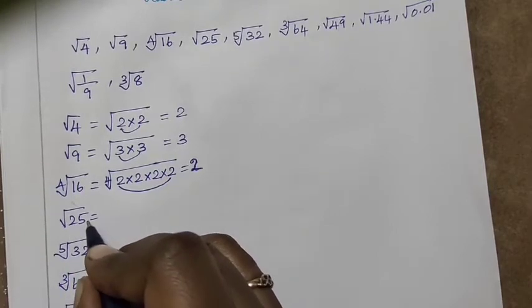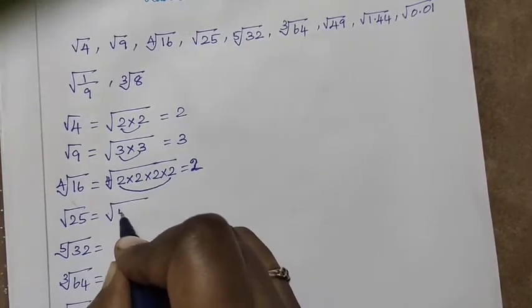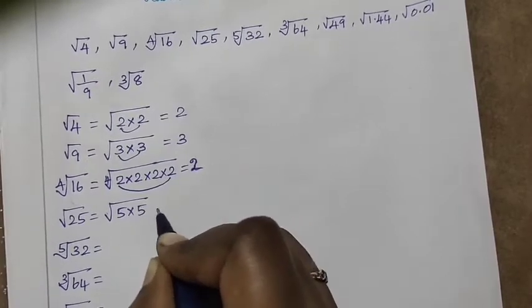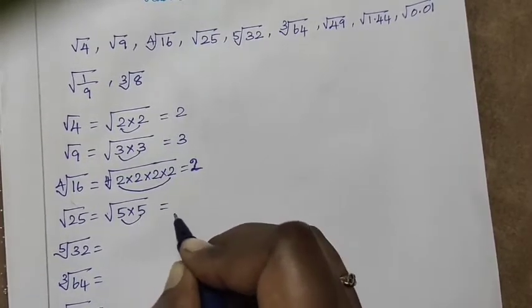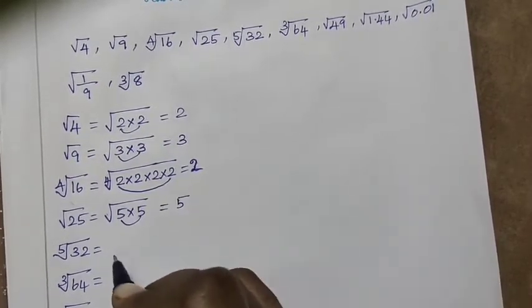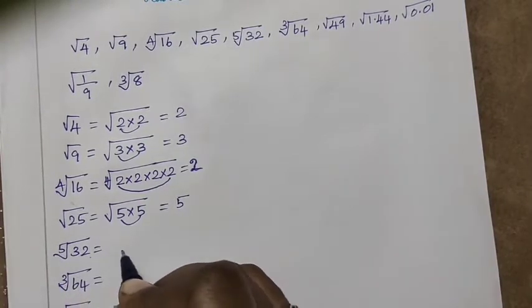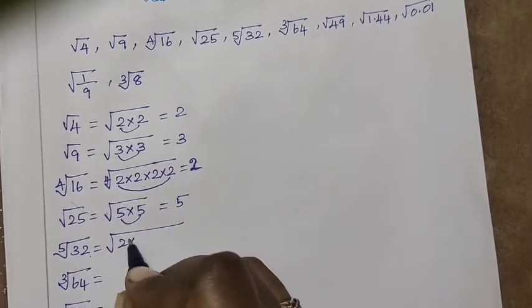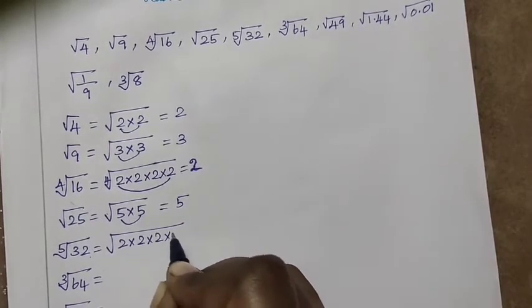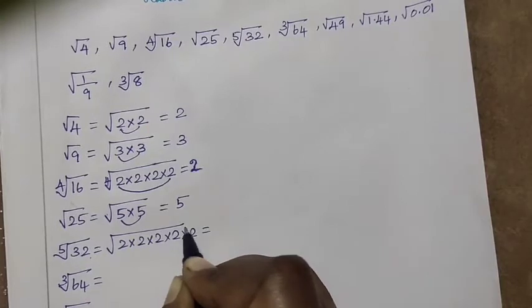Then root 25. 5 5s are 25. One 5. Fifth root of 32. 2 into 2 into 2 into 2 into 2.